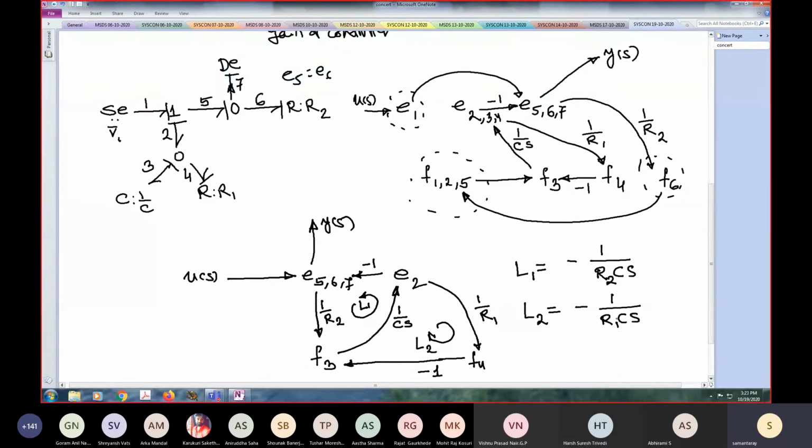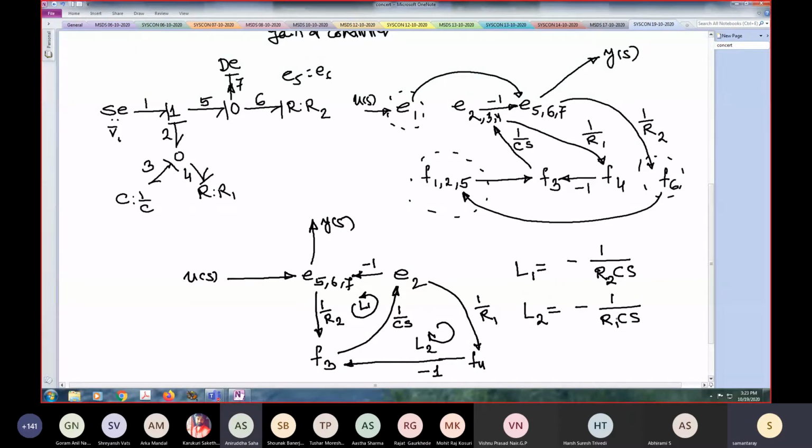So note that this is a perfectly stable system, all loop gains are negative. When we write Mason's gain formula, we write 1 minus sum of loop gains. So when loop gains are negative, because of the minus sign already in the calculation of the graph determinant, they will become plus.